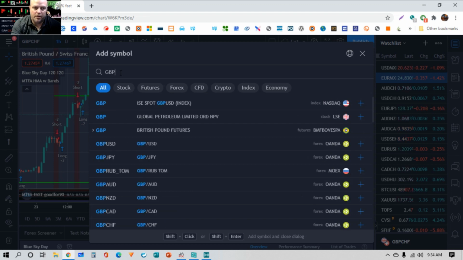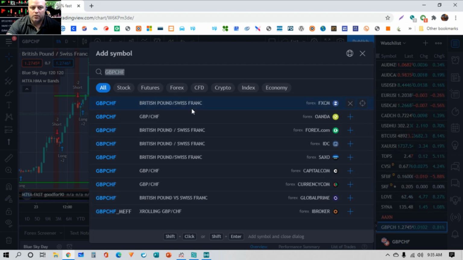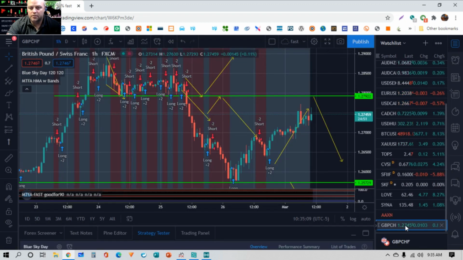Great Britain pound, Swiss franc. And you try to pick which one you use, but we'll just go with the Swiss franc right now. And there it is.